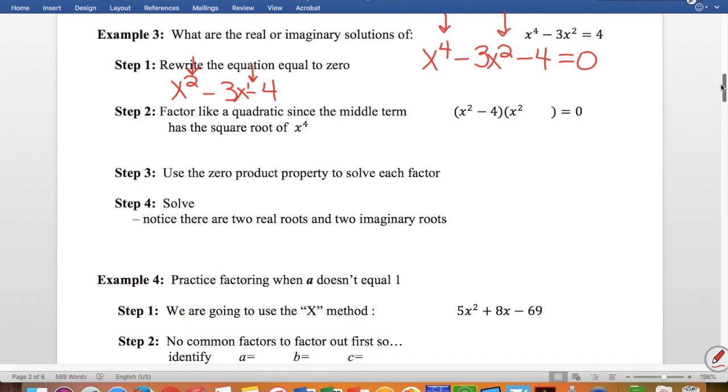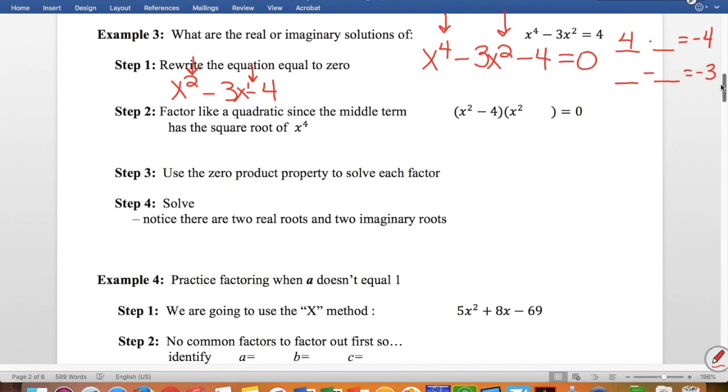So when I take the square root and put each of those into parentheses, notice it becomes x squared, which leads me to my middle term of x squared. So I can factor it just like a quadratic. That's an option we have when this works, if it factors. So I'm going to do factors of negative 4 that have a difference of negative 3.